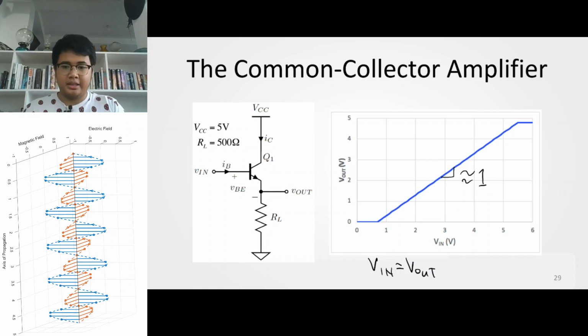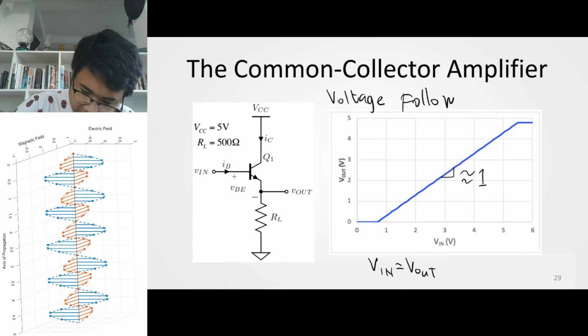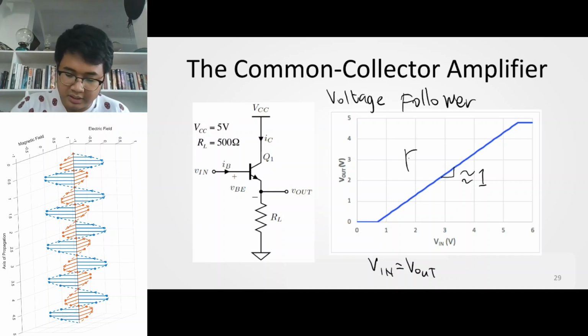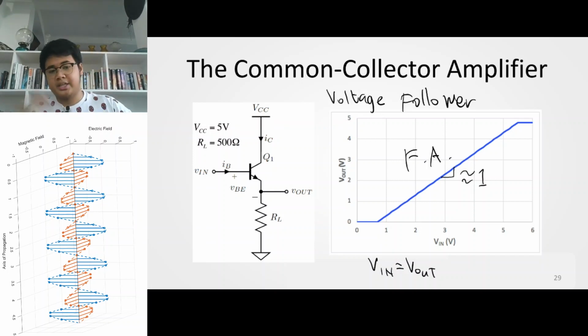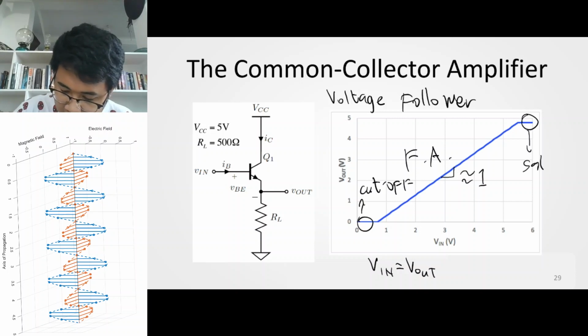Bottom line, the gain is approximately 1. It's also called a voltage follower. Just a note, in this region, your circuit is still in the forward active region. This is cut off. And this is when your amplifier is saturated.